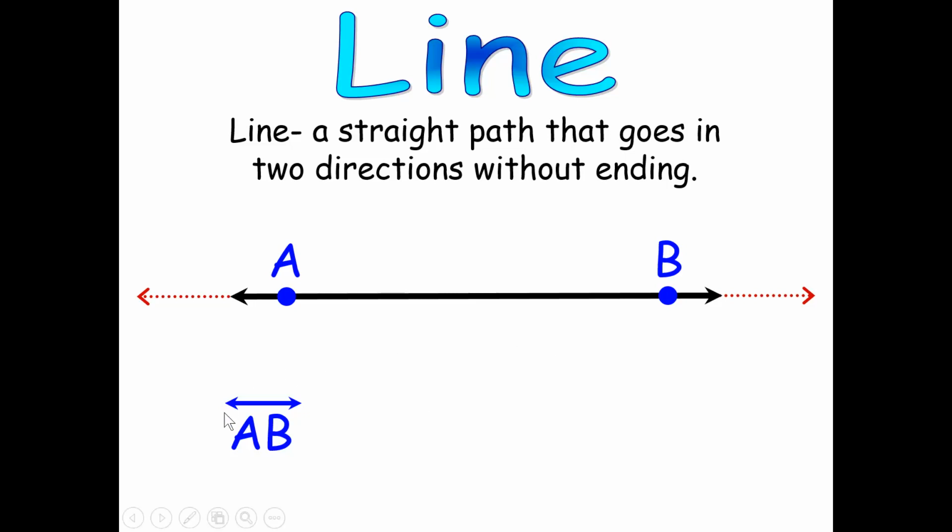If you see AB and then this symbol on the top, this is the symbol for line, and it is read as line AB.